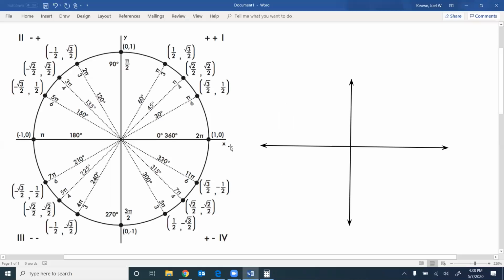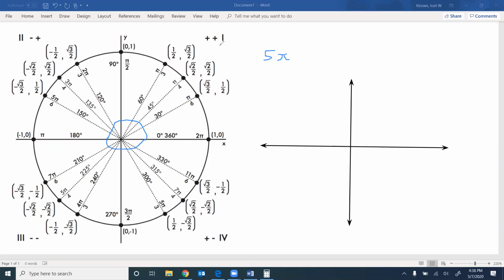All right, so the first one we're going to do is 5 pi. Well, let's look at our unit circle. I see that if I go here, that's 1 pi. We go around all the way, 2 pi.